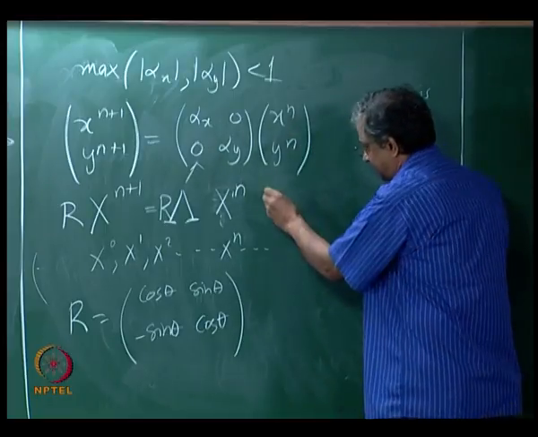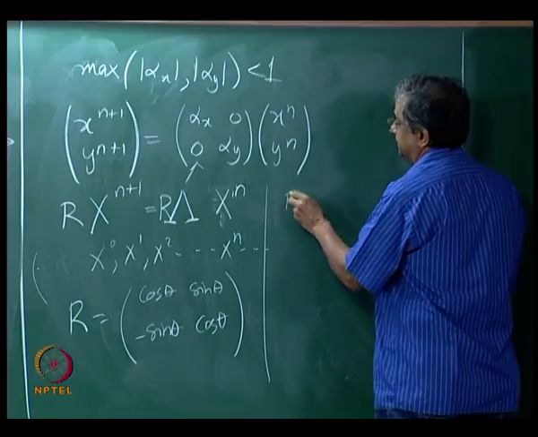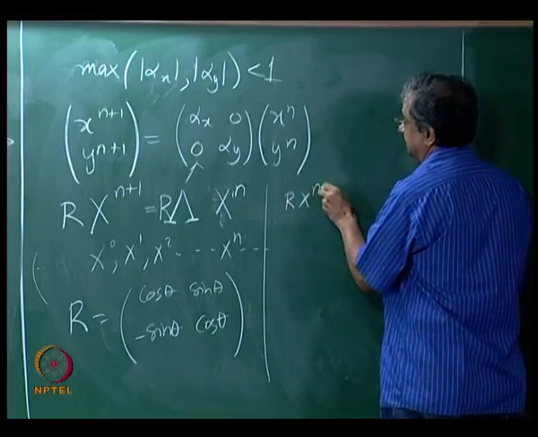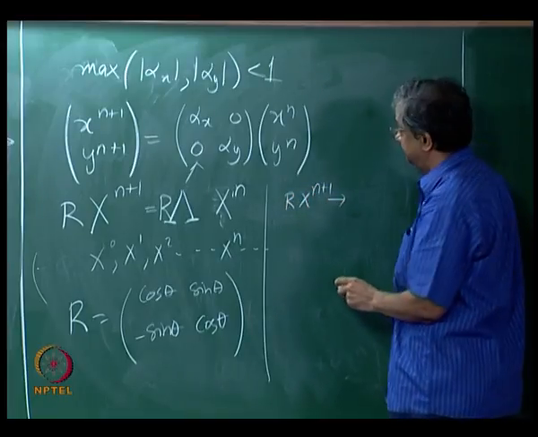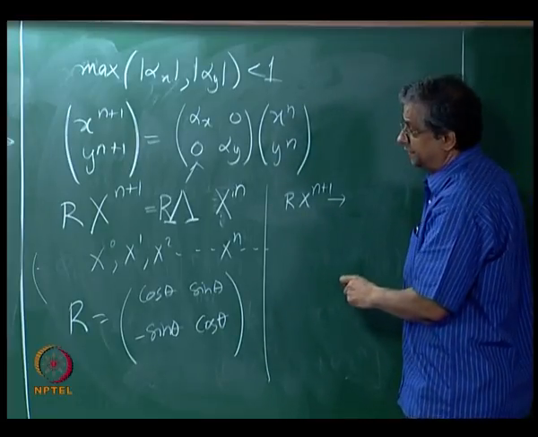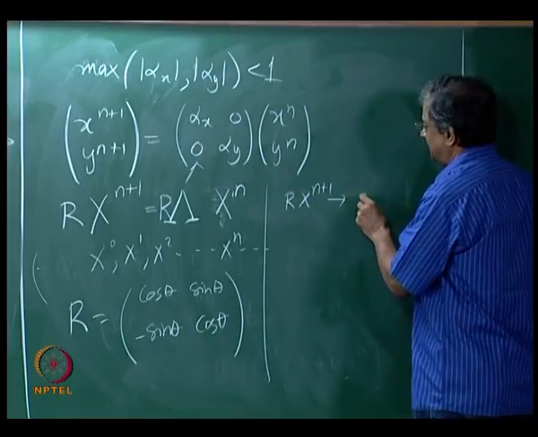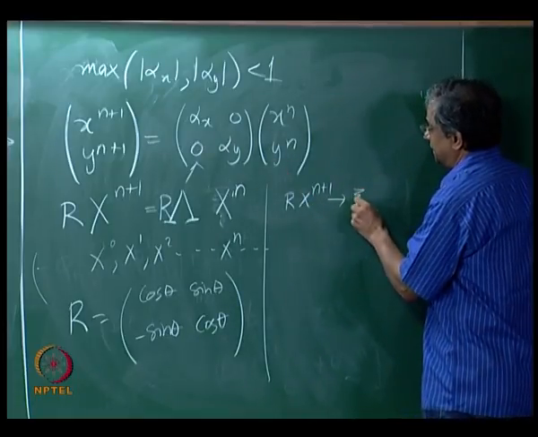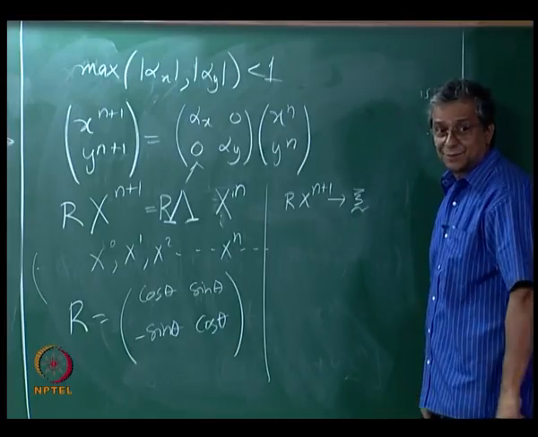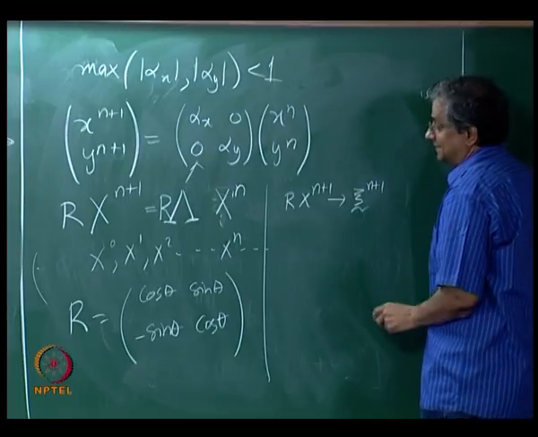Let me write that here. So this equation turns out to be R x n plus 1, and we need to give it some nice symbol. The capital Xi doesn't look that good, so I'll use Xi with a tilde underneath. Okay, just bear with the notation, right?